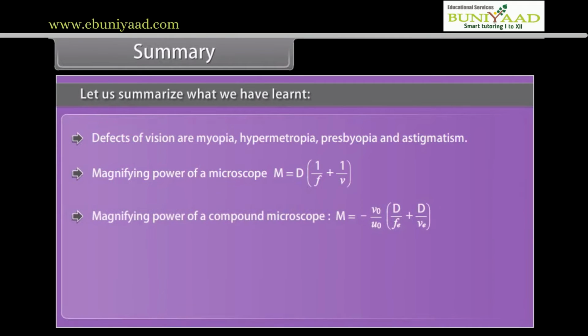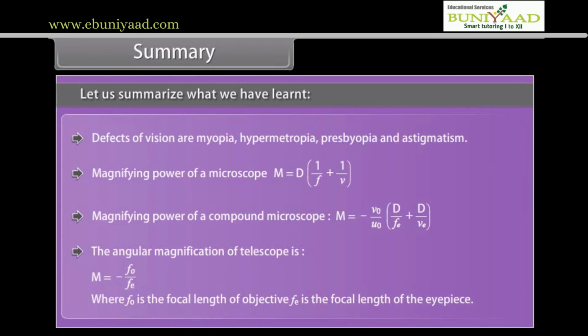Magnifying power of a compound microscope, m is equal to minus v0 upon u0 into (d upon fe plus d upon ve). The angular magnification of telescope is m is equal to minus fo upon fe, where fo is the focal length of objective and fe is the focal length of the eyepiece.